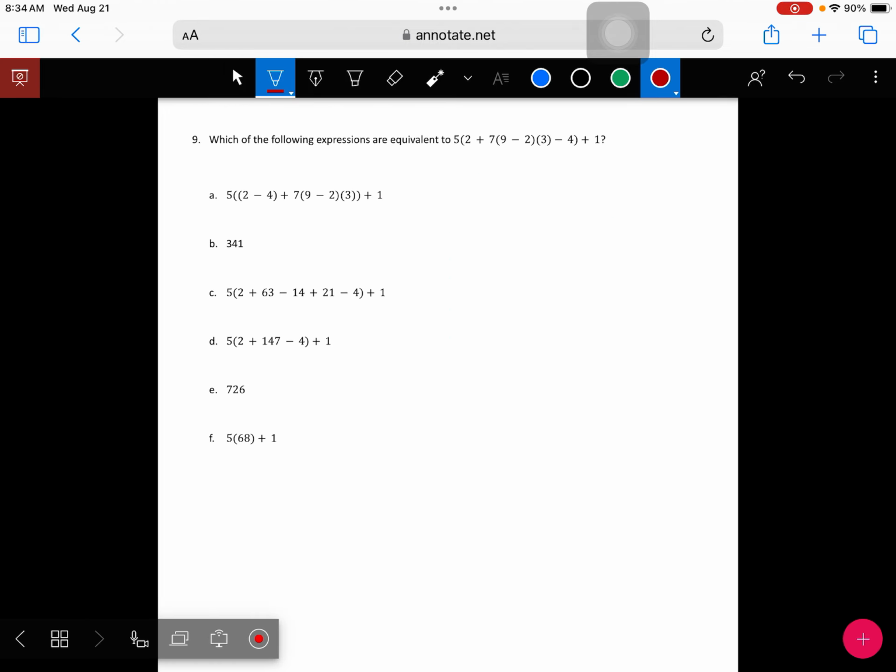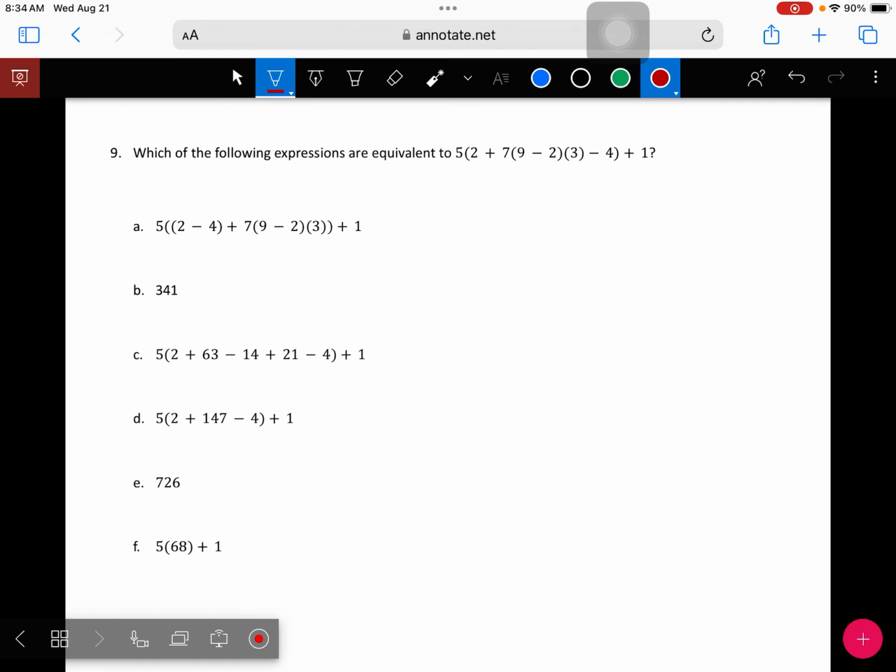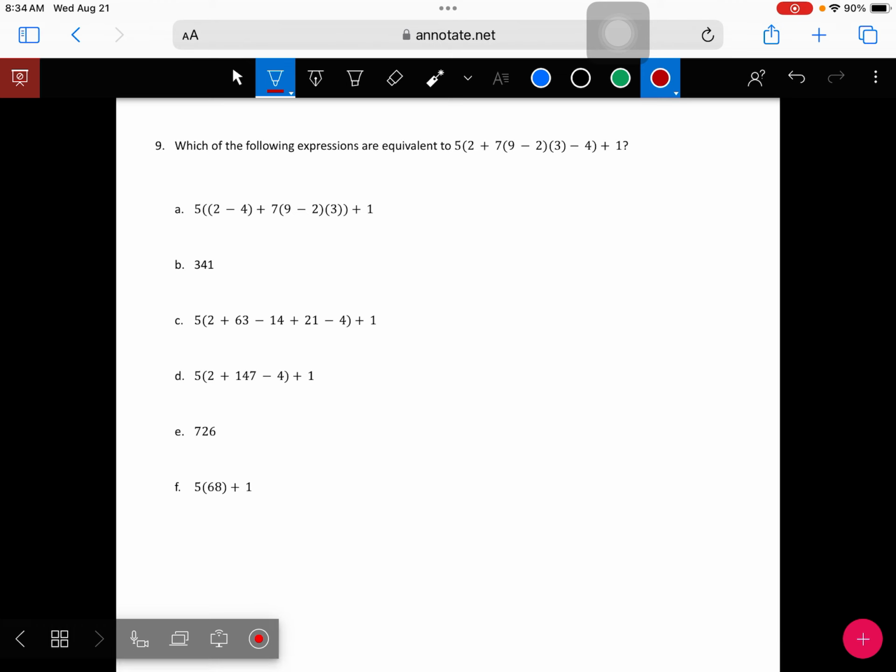Number 9. Ha, yes. So, number 9, what is that monstrosity? What do we call that? What is it? What do we call this right here? Besides a monstrosity.